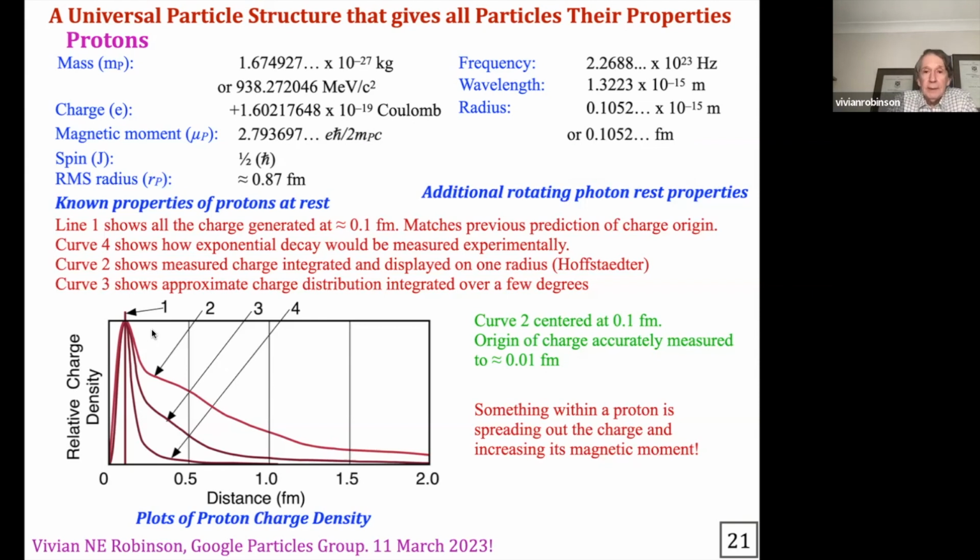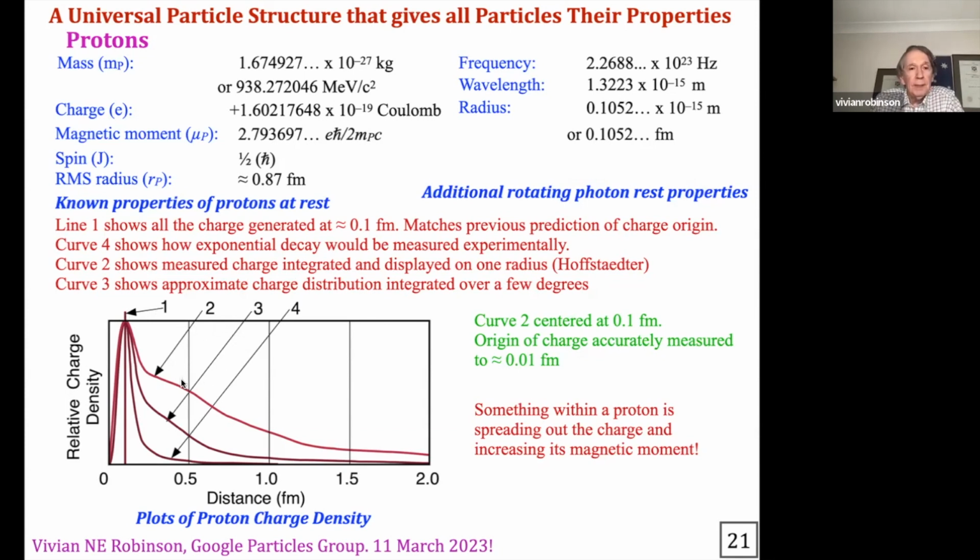Now, I suggest that that is a very good indication that the charge generated by this mechanism has been detected to an accuracy of about 0.01 FM, because it's pretty close to, within 1/10 of that distance.